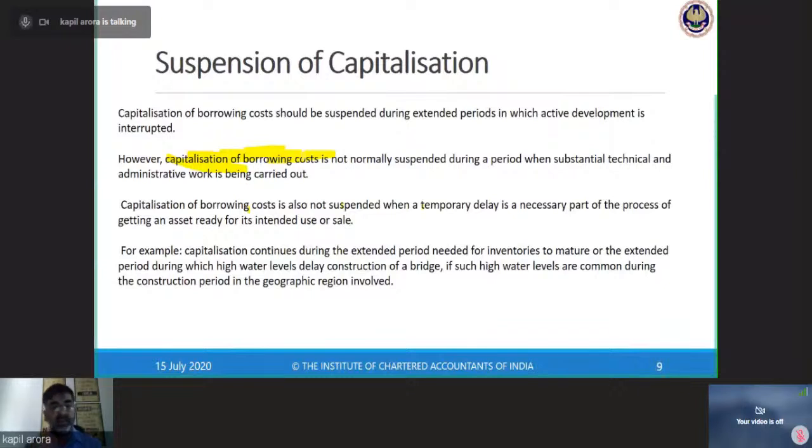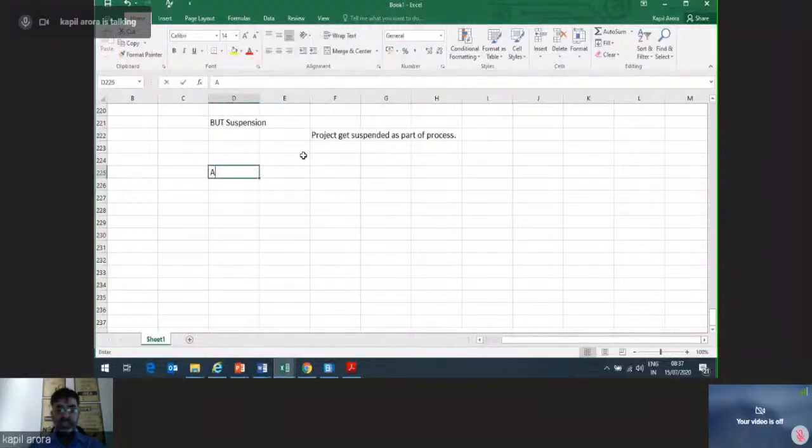When suspension is the part of the process, for example, after finishing, let's say I am making the building, after finishing the lintel work. Let's assume I am constructing the dam.